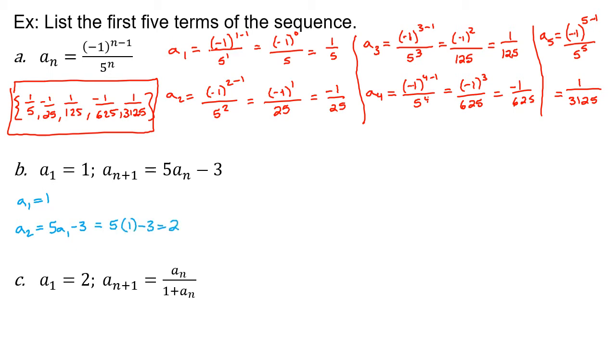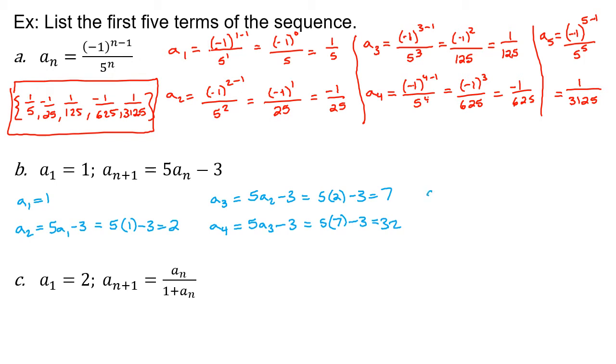And so I need a sub 1 to come up with a sub 2. Same thing if I found a sub 3. A sub 3 would be 5 times a sub 2 minus 3, or 5 times 2, which is 10, minus 3, which is 7. A sub 4 would be 5 times a sub 3 minus 3, or 5 times the 7. 5 times 7 is 35, minus 3 would be 32.